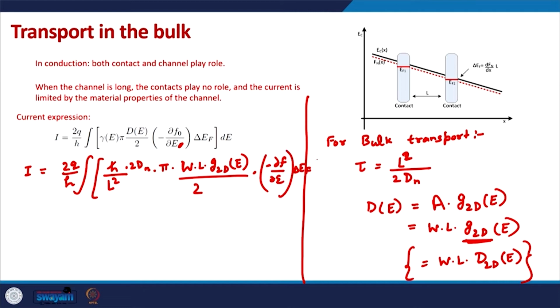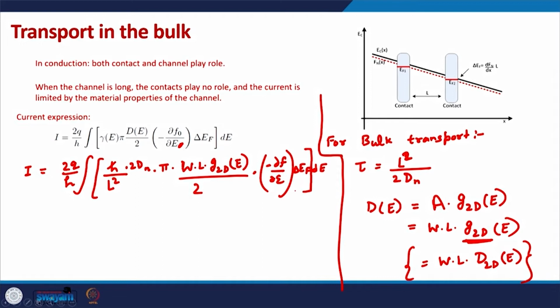We have a delta EF here. Now h bar can be written as h by 2 pi, so instead of writing h bar, we can write h by 2 pi.